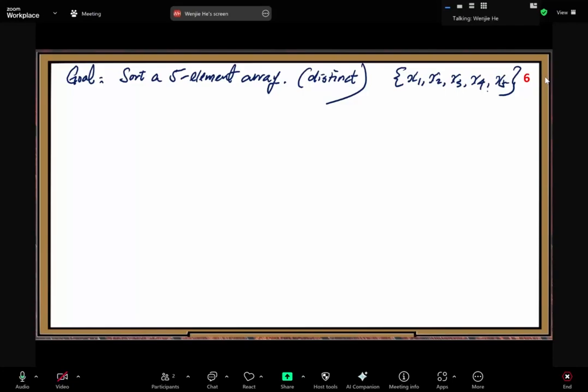Before we start, we just solved a 4-element problem. Many people may want to connect to our previous solution, right? What's the difference between this 5-element question and the previous 4-element question?